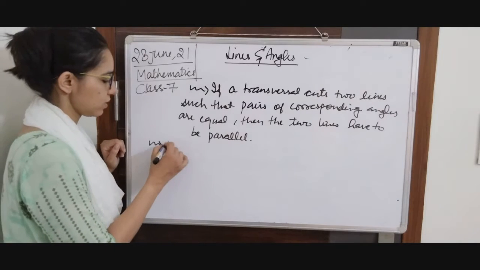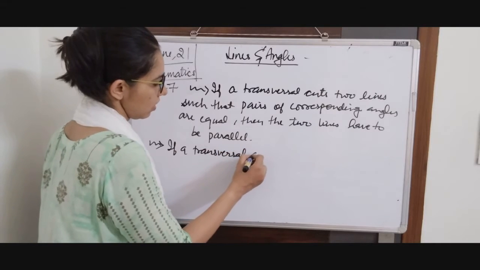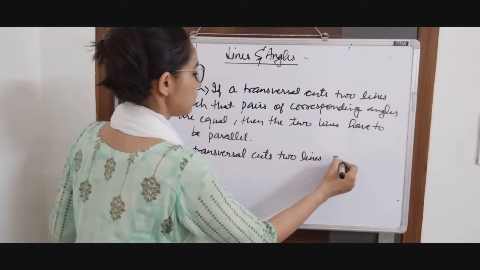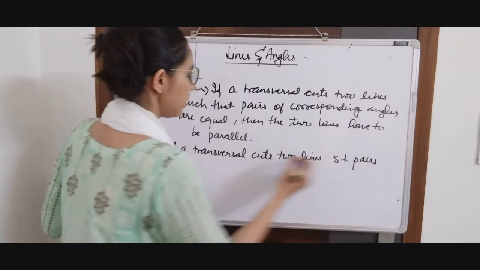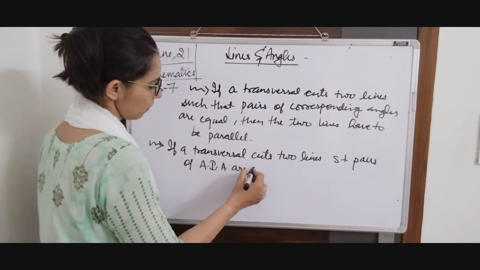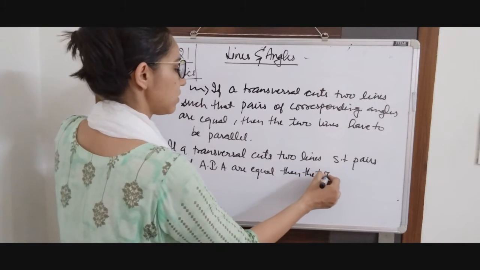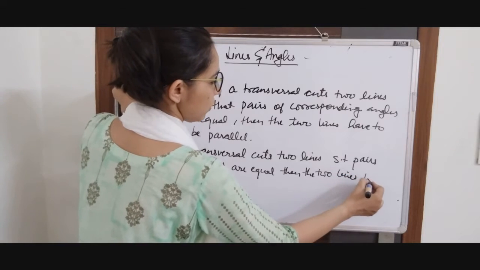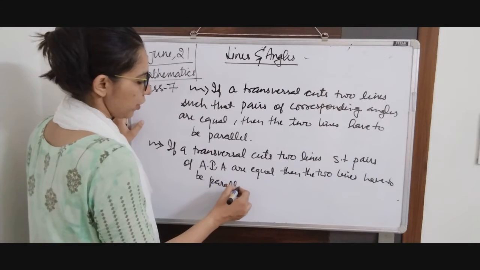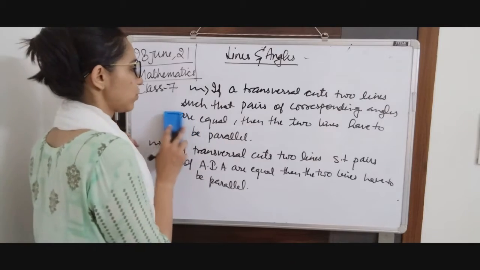So the second property is, if a transversal cuts two lines such that pairs of alternate interior angles are equal, then the two lines have to be parallel. And the third property was of the interior angles on the same side of the transversal.